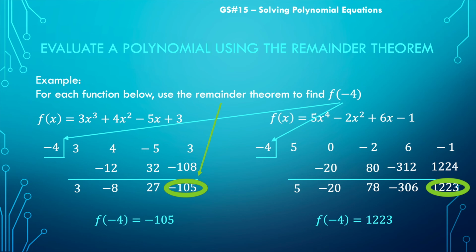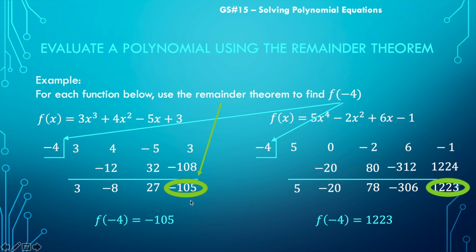Now, one last comment before we wrap this up. I'm using synthetic division to find f of negative 4. That's a little bit different than actually doing a polynomial division problem. I'm doing the same steps, but I'm interpreting it differently. I'm using it for a different purpose. If I just said I want to divide 3x cubed plus 4x squared minus 5x plus 3 by the quantity x plus 4, I would do exactly the same thing, but I would interpret my answer differently.